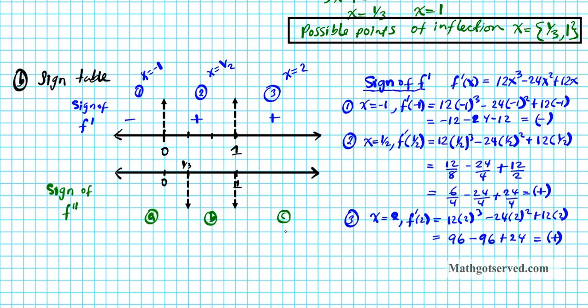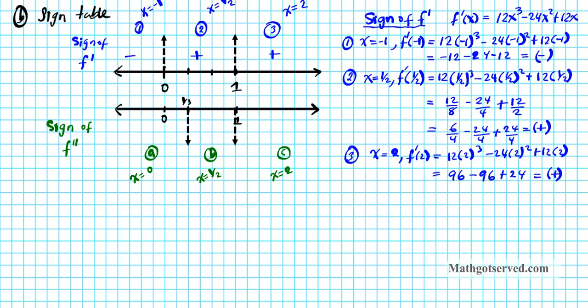All right, we need test values for these three intervals. For A, how about we use x equals 0? It looks convenient. For B, how about we try x equals 1/2? And then for C, we can just use x equals 2.